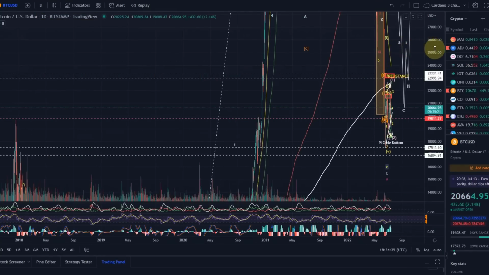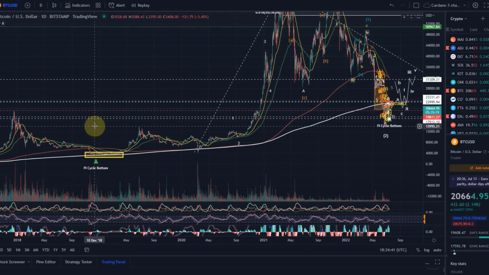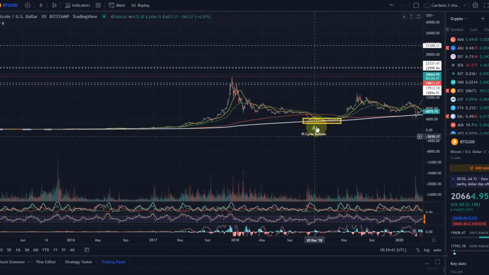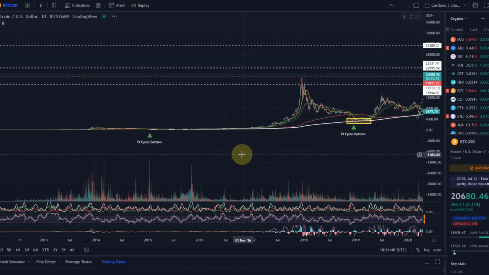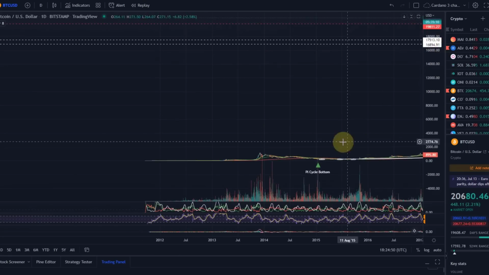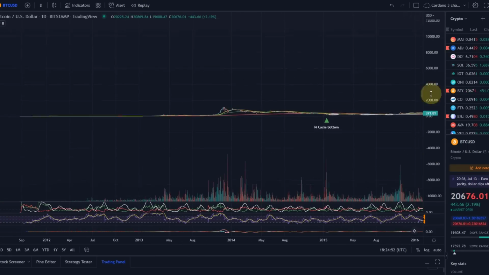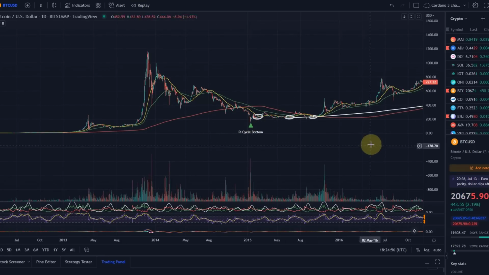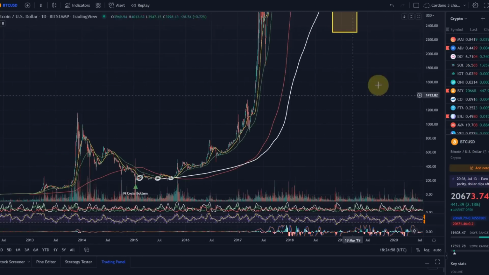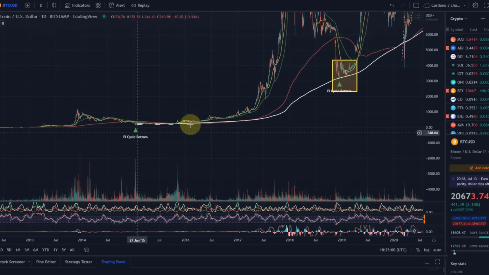This is only one indicator, it doesn't mean it needs to be always correct, but you can see where the pi cycle bottom was flashing for the last time. That would have been an interesting one, and before that it flashed here, and this was also the cycle low. So this is an interesting one. It worked out twice in the past.